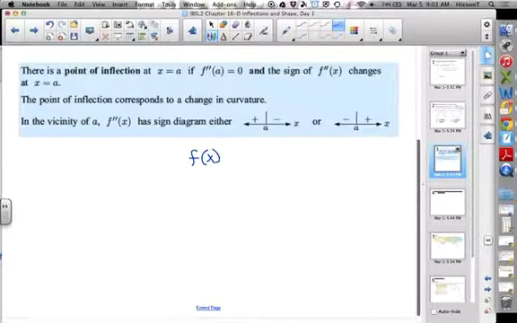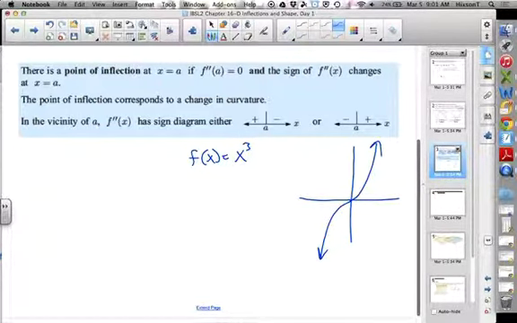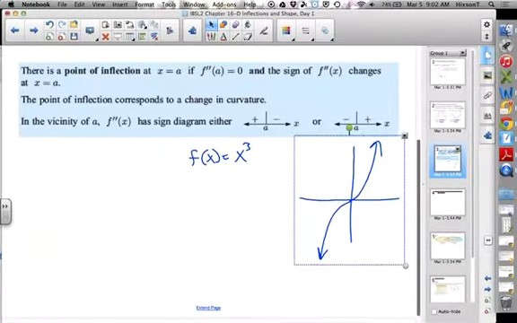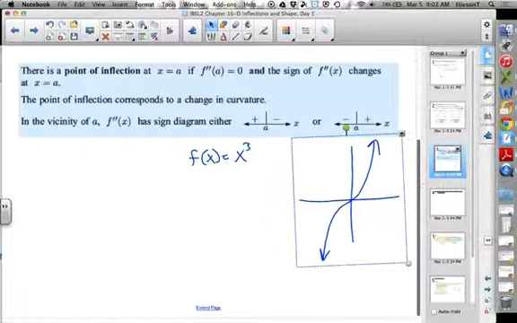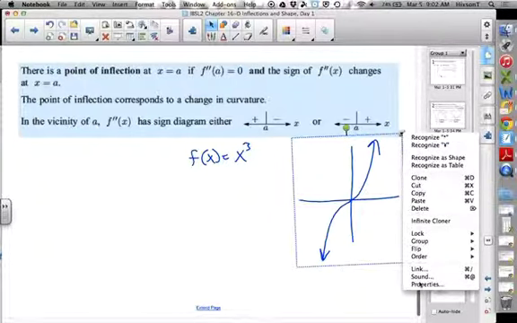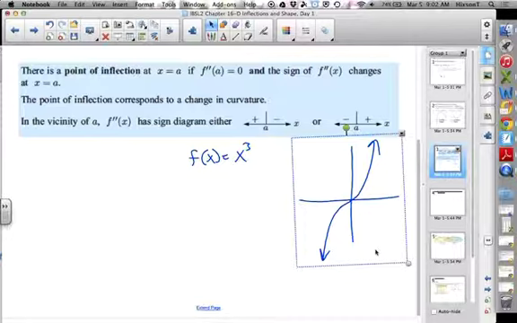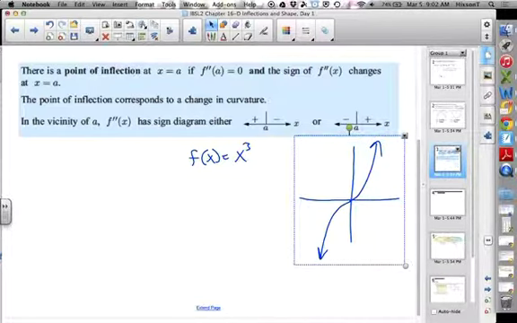Let's say f of x is x to the third, okay? You guys know that looks like this. Well, let's make it negative x to the third, just so it's going the other way. Oh wait, that didn't help. Hang on, I should flip it.